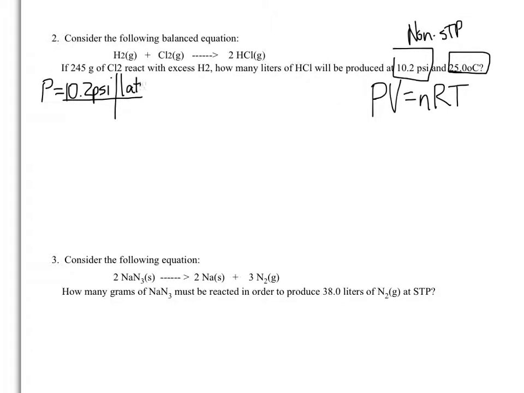Convert it to ATM, because anything in a formula of ideal gas needs to be ATM. So 1 atmosphere is equal to 14.7 psi, and that is 0.694 ATM.